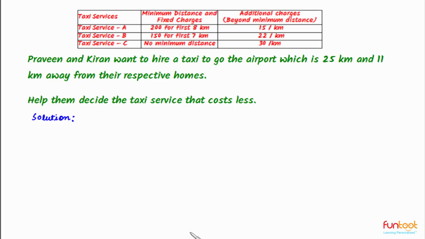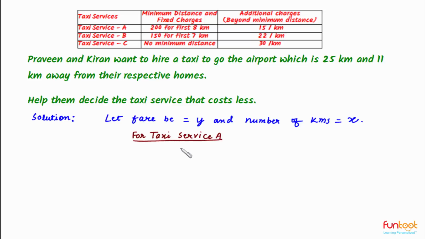So our first step is to form the linear equations, and for linear equations we need to take some variables. So let fare be represented by y, a number of kilometers by x. So the equation for taxi service A will be, fare y is equal to, if the total number of kilometers is x, then the fare is 200 for the first 8 kilometers.